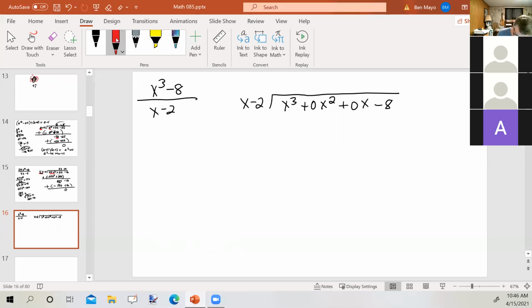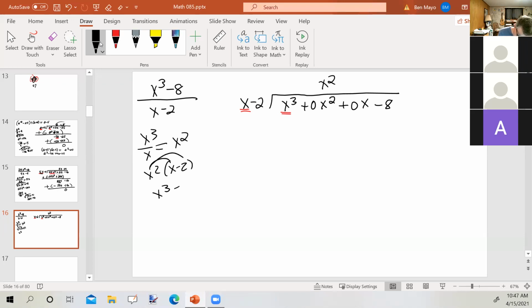All right. So now leading term divided by leading term, x cubed divided by x is x squared. X squared times x minus 2, distributing x cubed minus 2x squared, x cubed minus 2x squared.